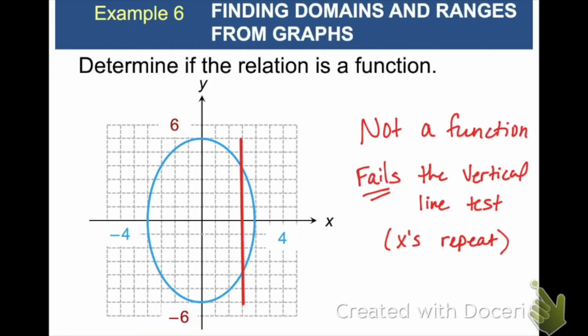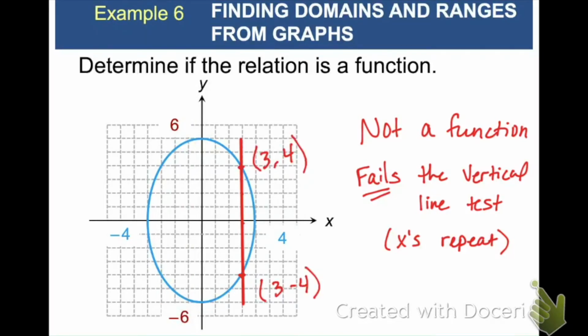So I just randomly drew this red vertical line here, and it hits the graph in more than one spot. So if it hits the graph in more than one spot, it fails. So here I can see it hits in 2 spots, or I could have drawn a vertical line over here. It doesn't matter where I draw my vertical line, it hits that graph in more than one spot. So that means no, it's not a function. It also means that the x's repeat.